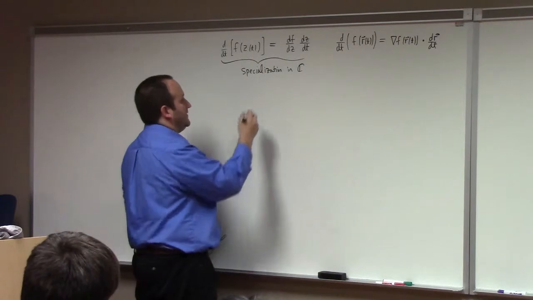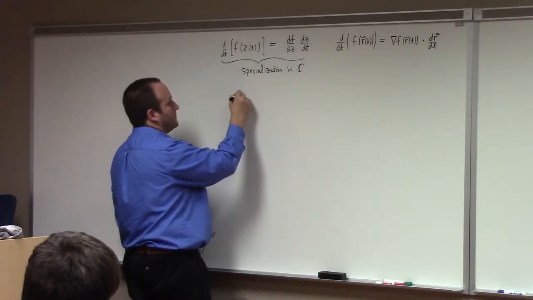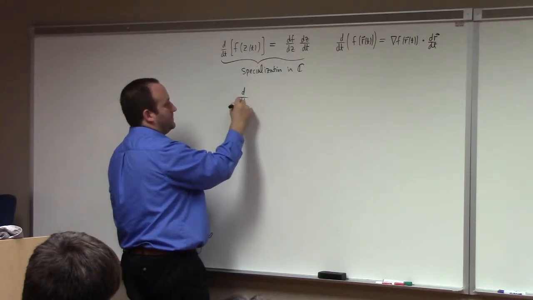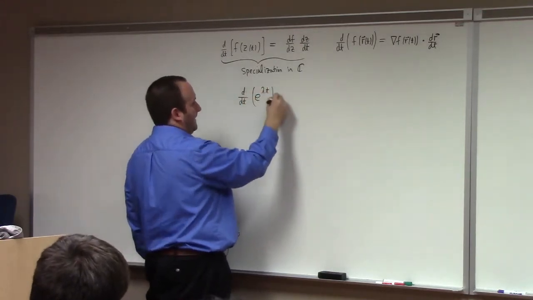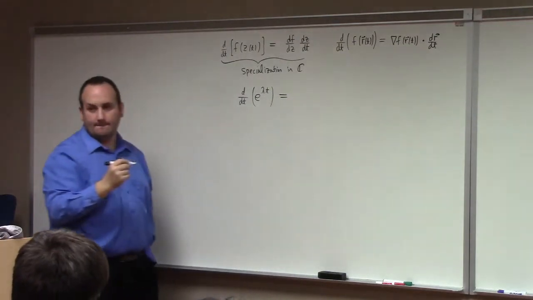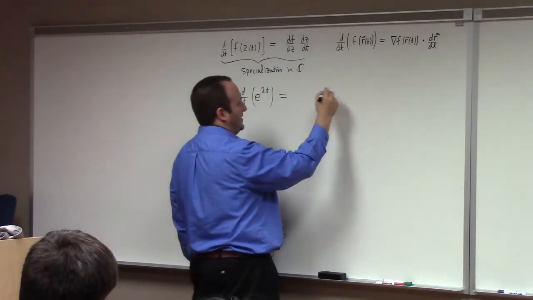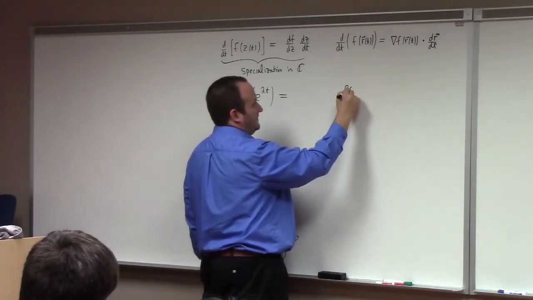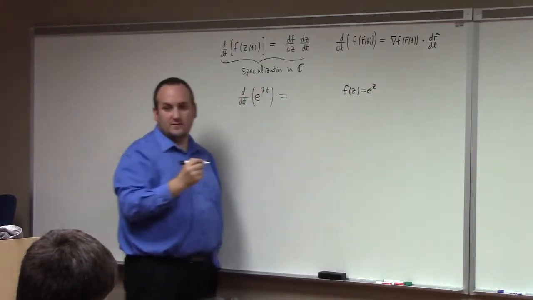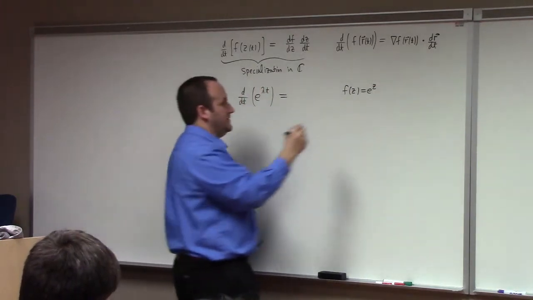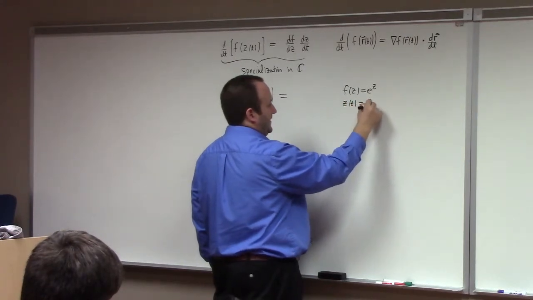So let's see here. For example, d/dt of e to the lambda t is equal to what? This is the composition of f of z equals e to the z, which we know is holomorphic, and z of t equals lambda t.